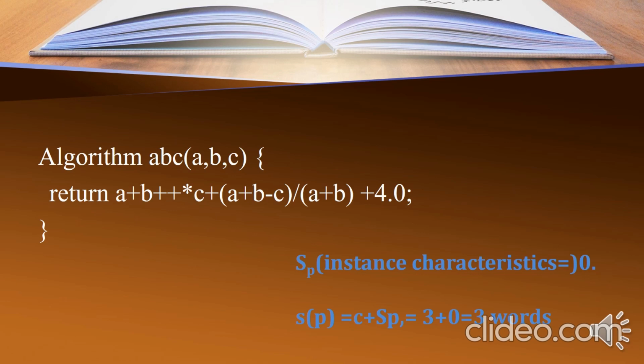Clearly, by looking at the algorithm, we can see there are no variables whose size keeps changing. For example, I'm just making use of A for an arithmetic operation.